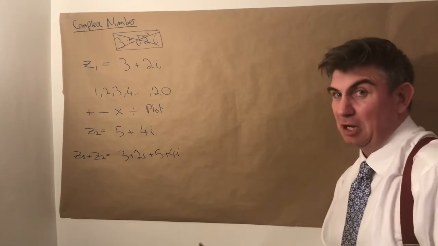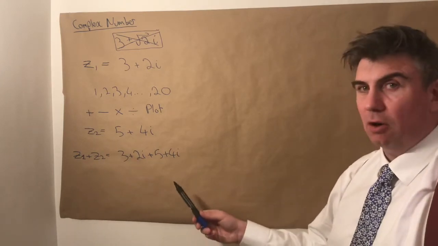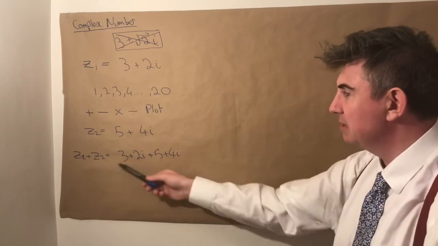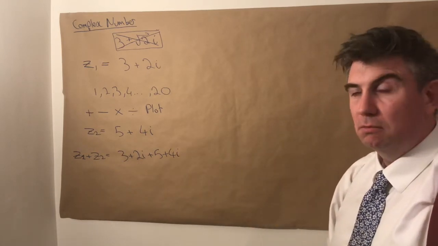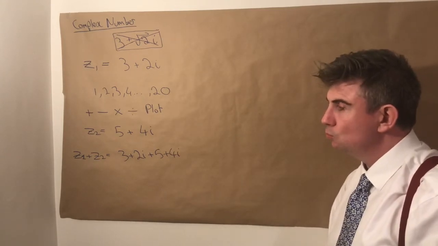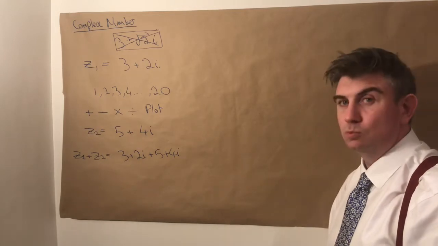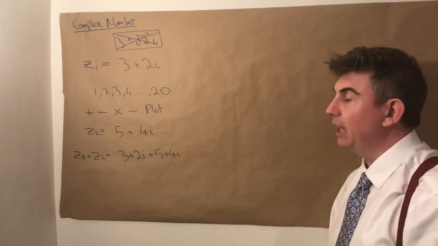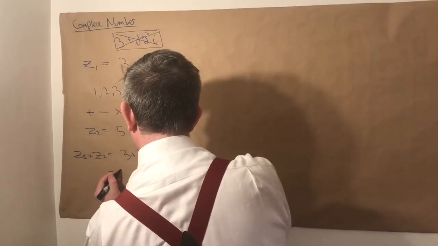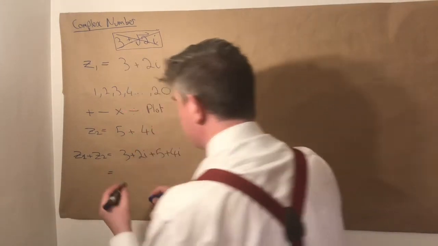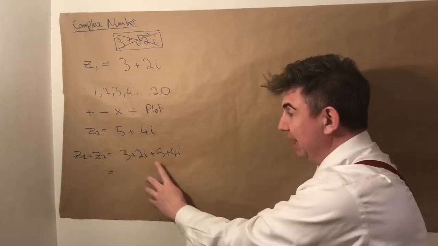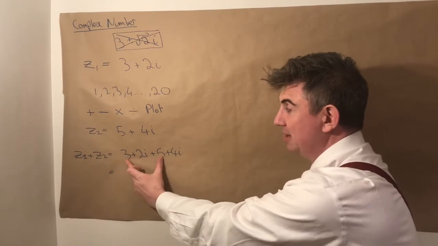So you probably know what to do here anyway without me even talking. So maybe think about that for a second. What do you guys think the answer to this thing is going to be? Yeah, very, very good. It's this part here being added onto this part here. So we can add the real parts together.